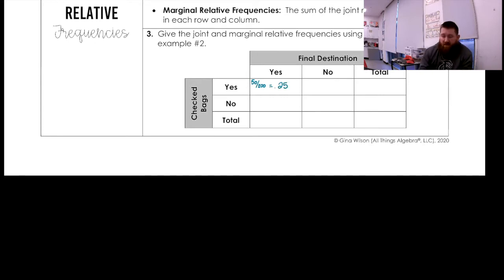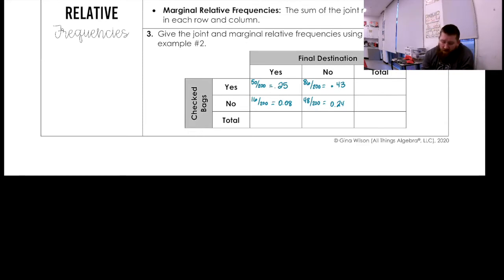And then we've got 86 divided by 200 to be 0.43. 16 divided by 200, which is 0.08. 48 divided by 200, 0.24.